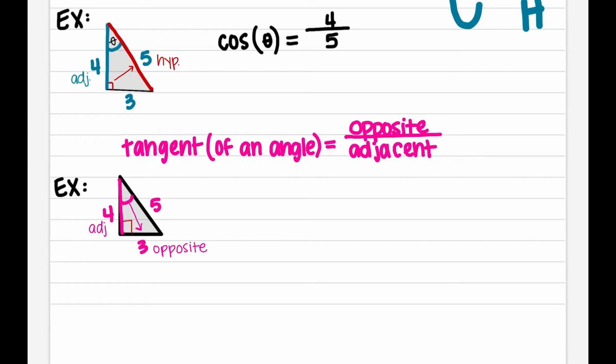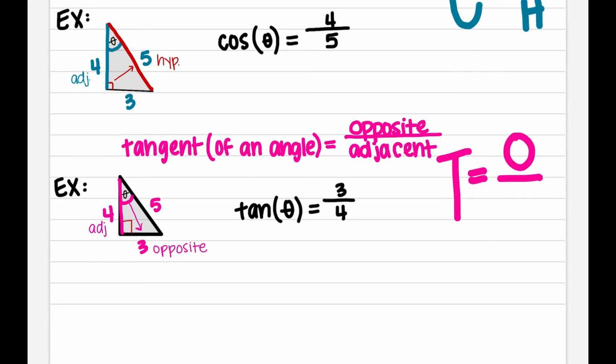Again, we are going to call this angle theta. So the tangent, or the tan, of theta is equal to the opposite, which is 3, over the adjacent, which is 4. And to abbreviate this a little bit more, tangent T is equal to opposite over adjacent.